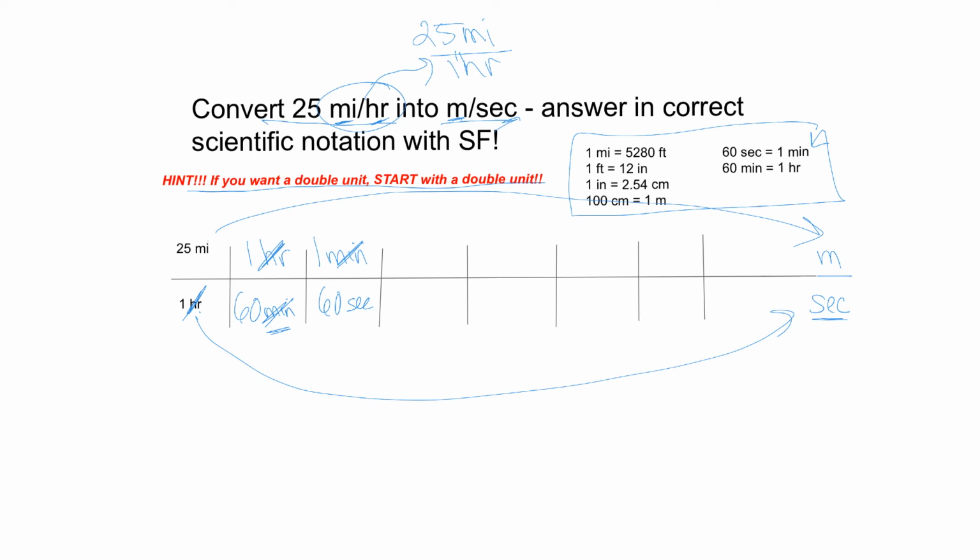All right? But I'm going to start with what I want. I'm going to use this one first. 1 mile is 5,280 feet. So my miles cancel. Now I'm at feet. So I'm going to say 12 feet are in 1 inch. Well, that's not right, is it? Oh, I'm so glad I made that mistake. So let's fix that.